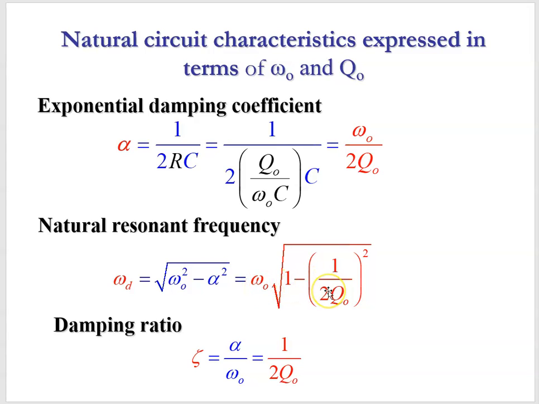So we'll explore that a little bit more later. But here we can express omega d in terms of omega naught and the quality factor, just by doing our substitution, starting with the fact that for a parallel RLC circuit, our omega naught is equal to Q naught RC.